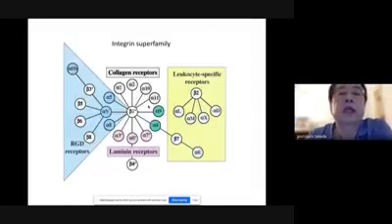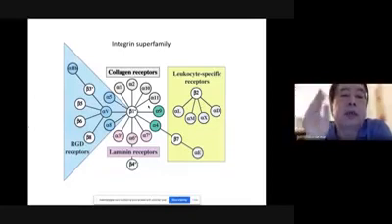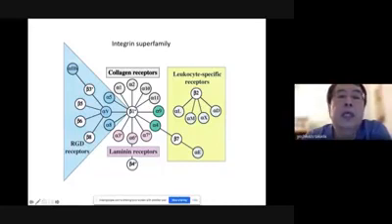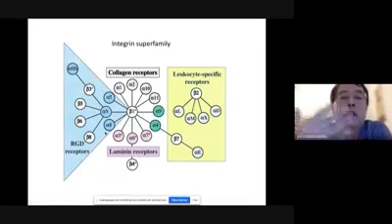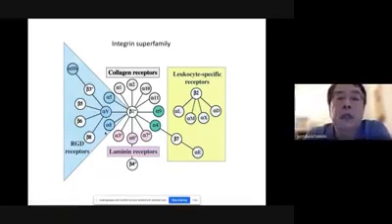Now what we know, this is a very simple summary. So now we have 18 integrin alphas and 8 betas: beta 1, beta 2, beta 3, beta 4, up to beta 8. Altogether, 25 different heterodimers with different ligand specificity.